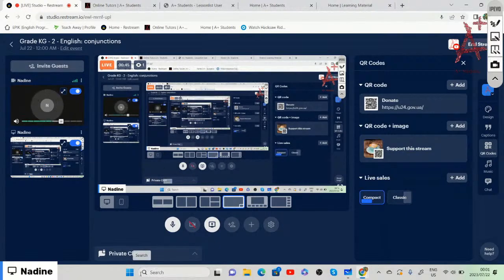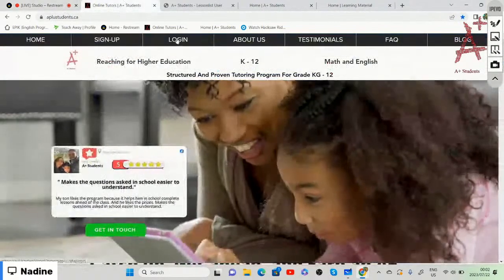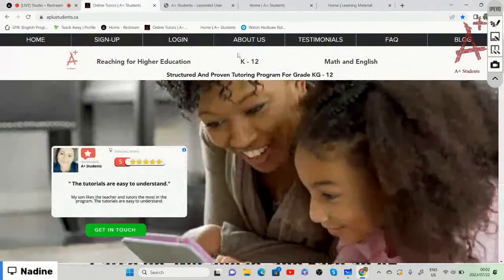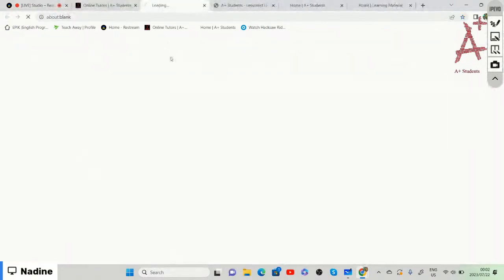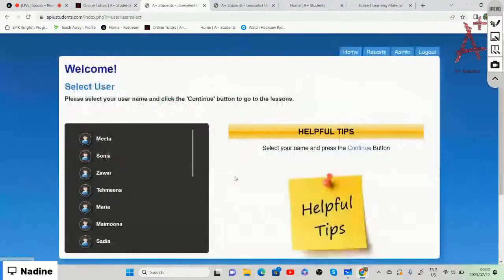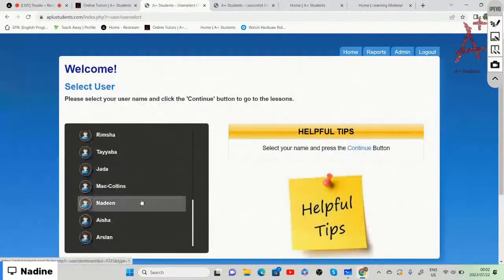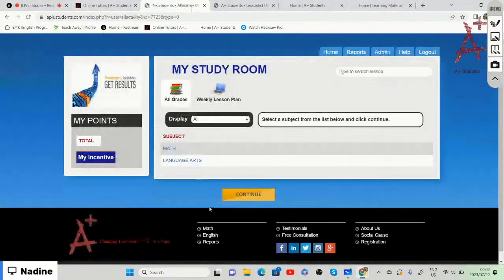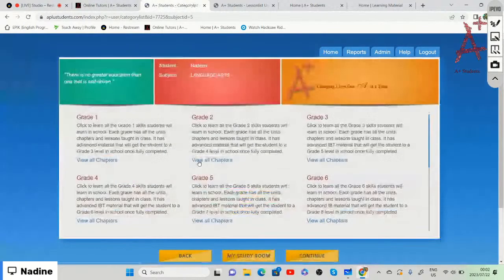So before we start, we are going to the A plus students.ca page. Then we're going to log in with our username as well as our password. Then we're going to select the subject of language arts.